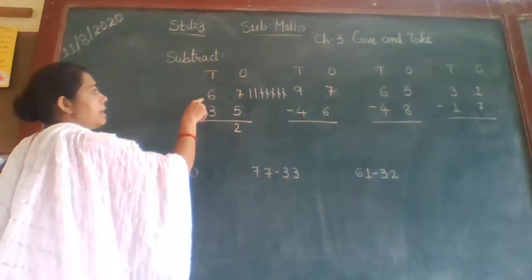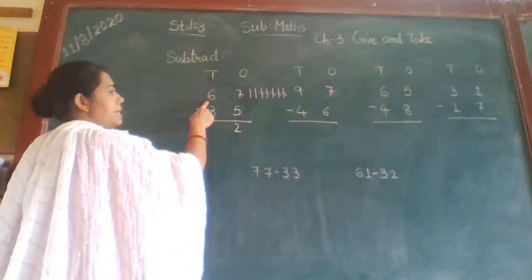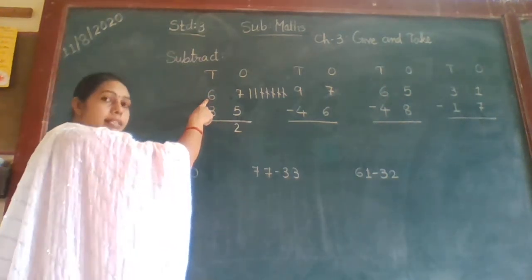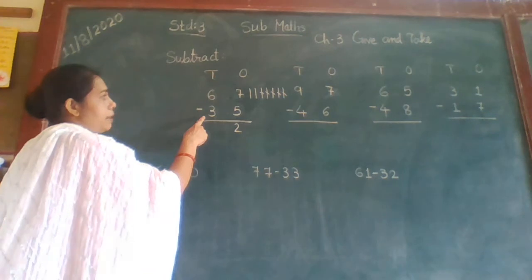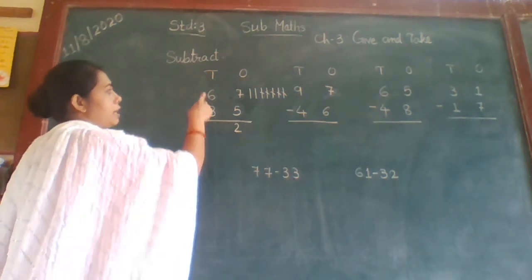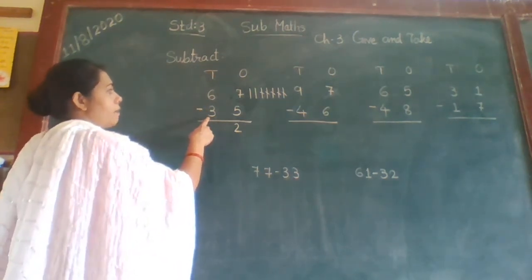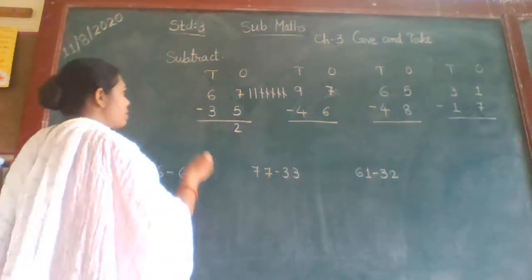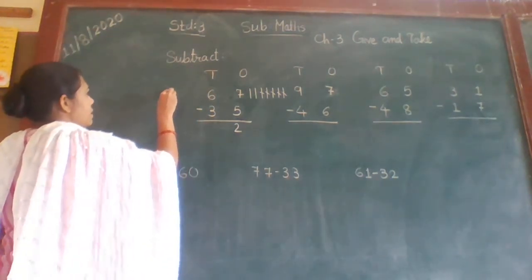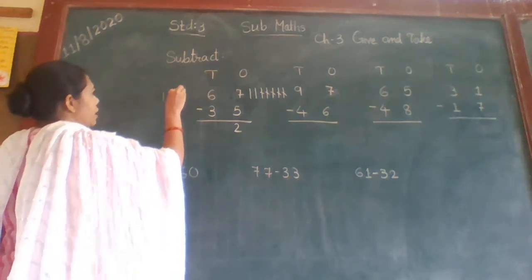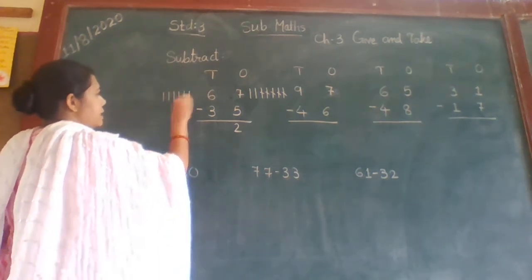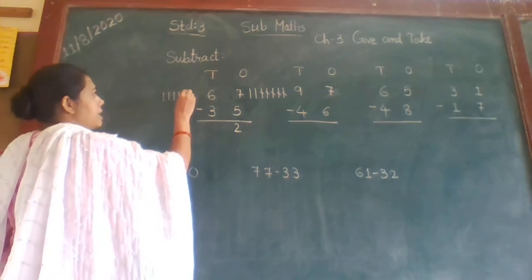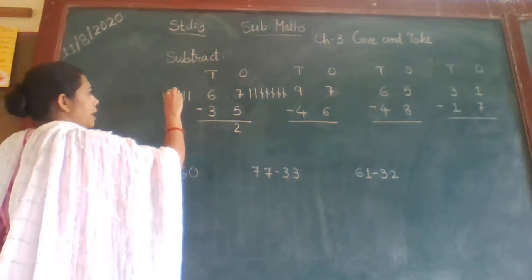Now we go to the tens place. What is on the tens place in the first number? 6. And what is on the tens place in the second number? 3. So 6 minus 3. We have to cut 3 from 6. So we draw 6 lines, 1, 2, 3, 4, 5, 6, and we cut 3 lines, 1, 2 and 3.